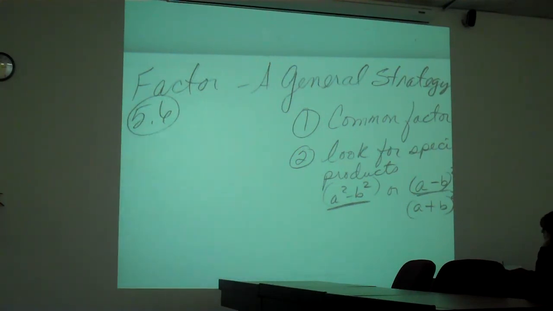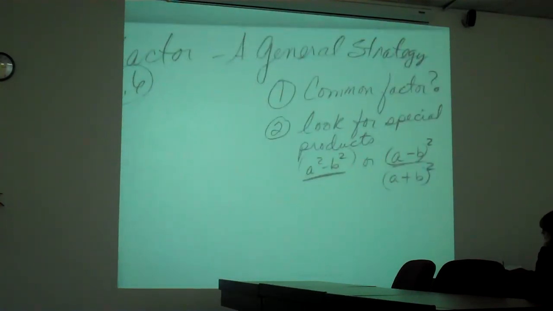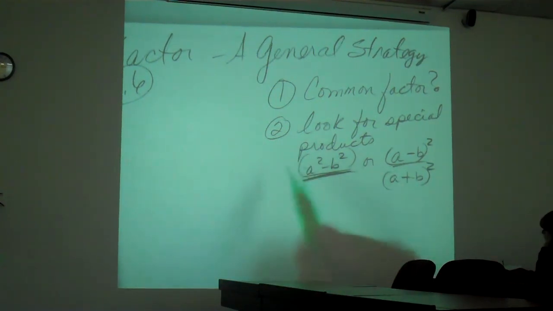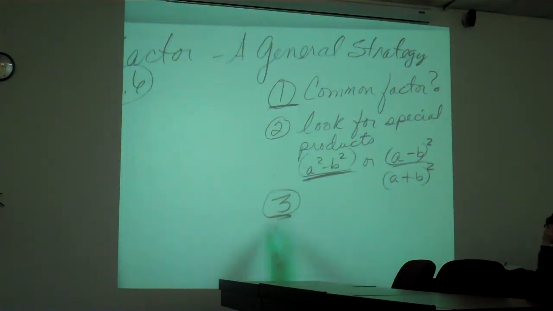You're going to look for those special ones. If not, you're just going to factor it. If you don't want to do it by recognizing those, you can just jump from the common factor to number 3, where you just factor it out.